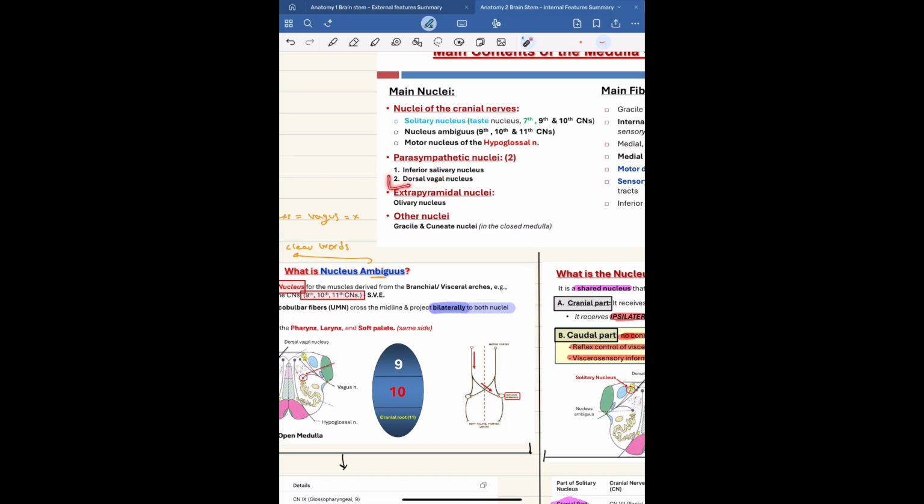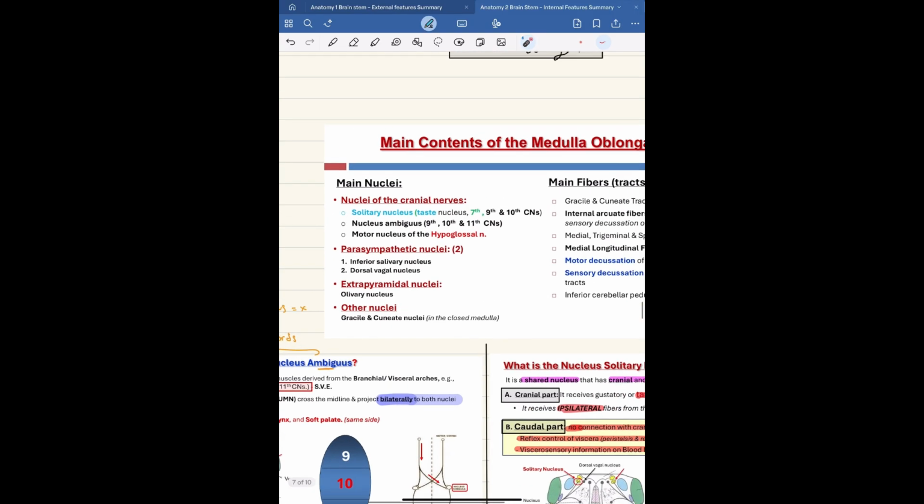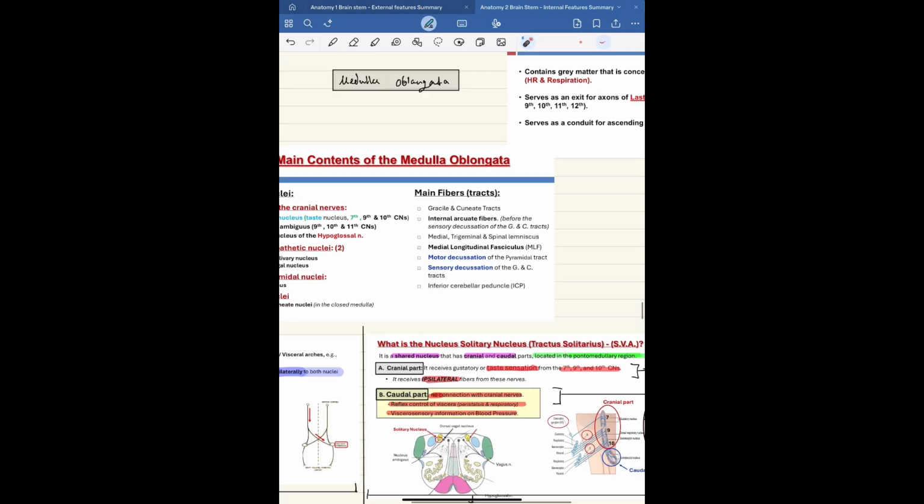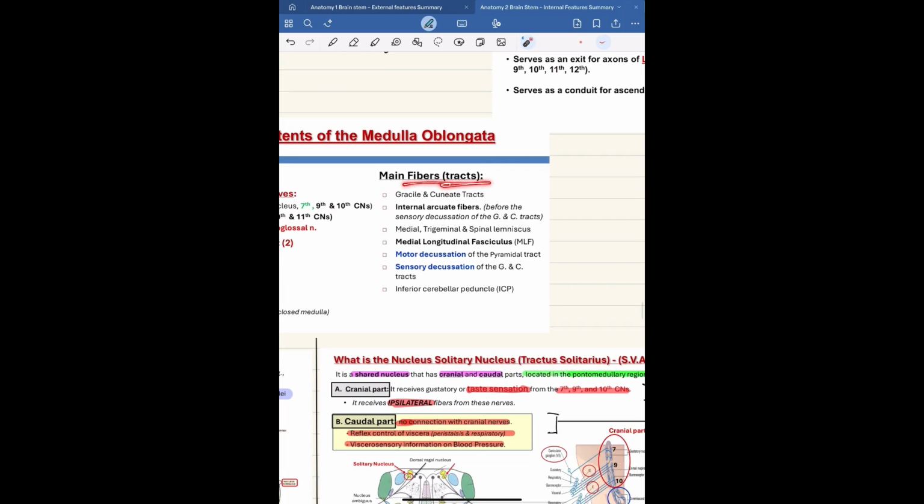The dorsal vagal is important for you to remember, which is basically parasympathetic related actions. And then you have extrapyramidal nuclei and other nuclei, gracile and cuneate, located in the closed medulla, which makes sense. You can link this idea with tractology, the dorsal aspect, the sensory one. Then you have the main fibers, gracile and cuneate, makes sense. You have internal arcuate fibers, medial lemniscus, spinal trigeminal, medial longitudinal fasciculus, and the list goes on.